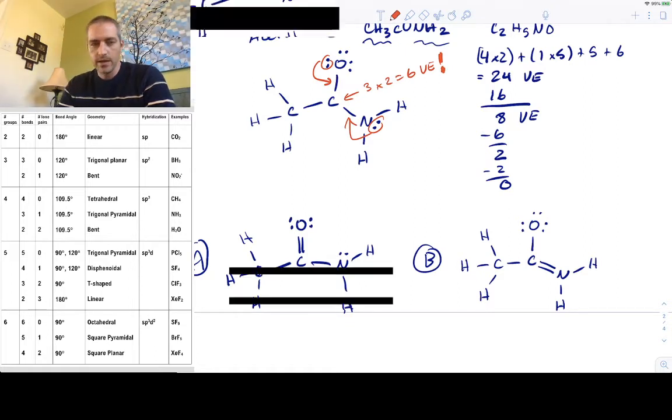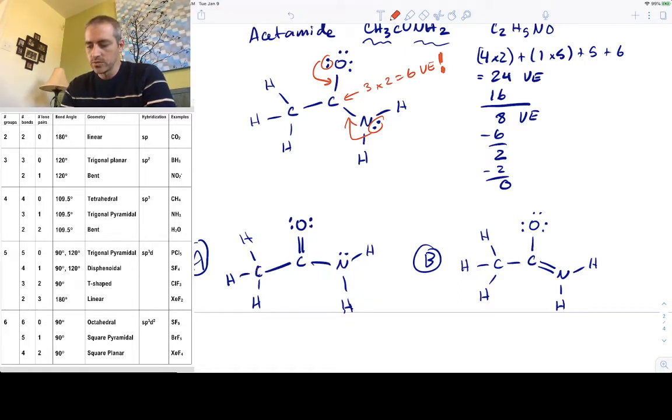So if you start on the left-hand structure, all of the hydrogens will have formal charges of 0, because all of the hydrogens will be one valence electron minus one bond minus 0 unshared electrons is 0. This carbon, 4 valence electrons from carbon off the periodic table, minus 4 bonds, minus 0 equals 0.